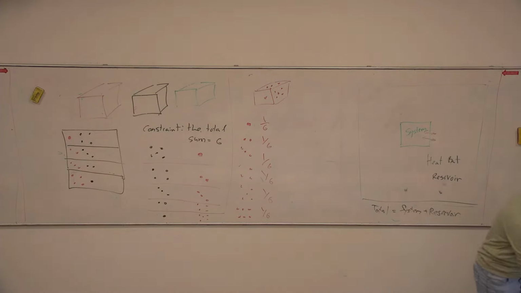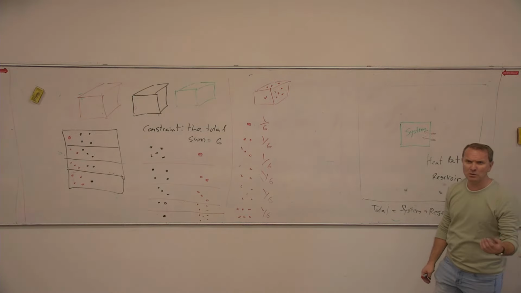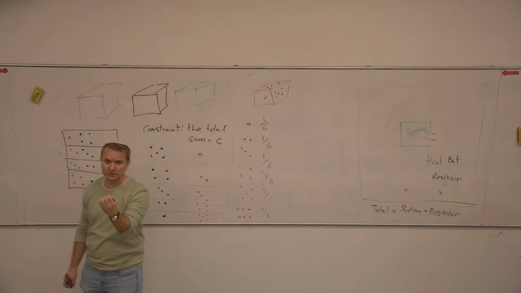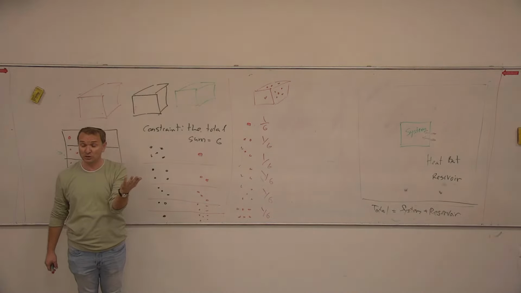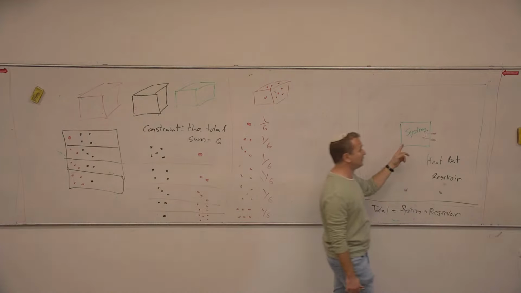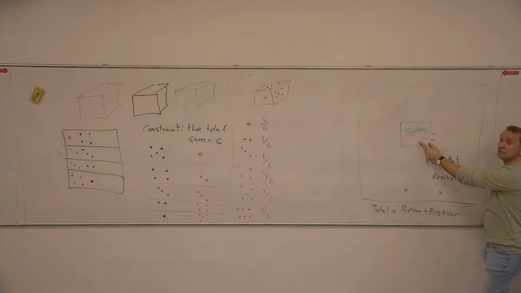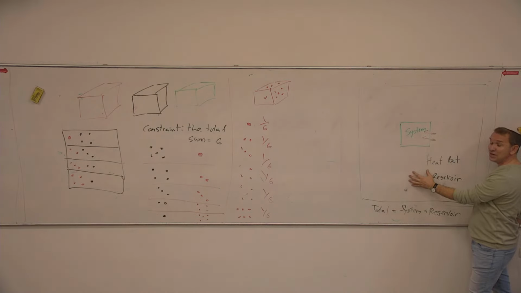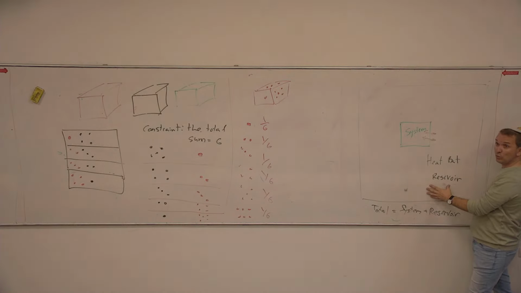So if beforehand I just said each state has the same probability, what is the probability? Because it's homogeneous, it's just 1 over the total number of states. But now it's different. Why is it different? It's different because for each state of the system, there are different numbers of states for the reservoir.